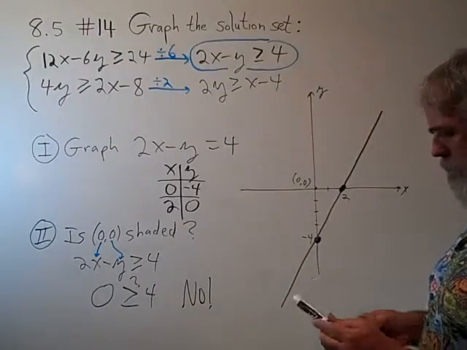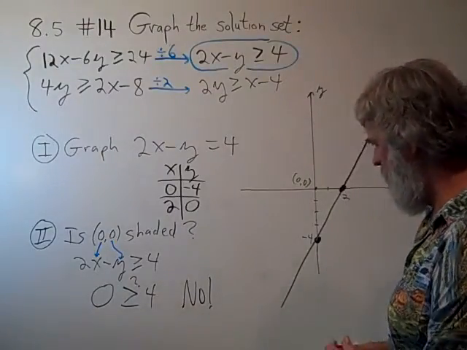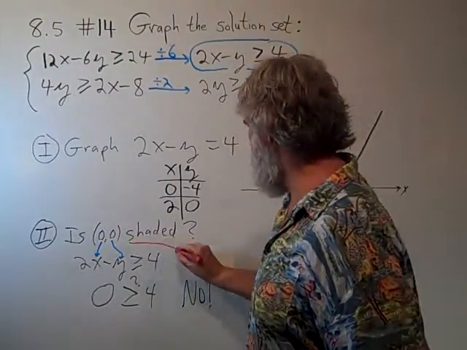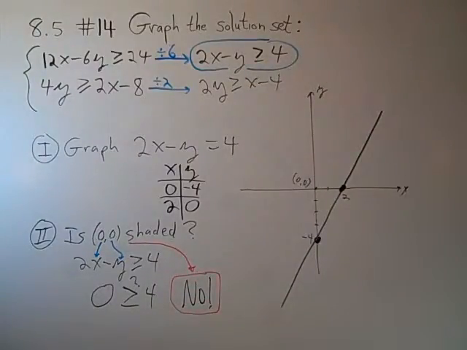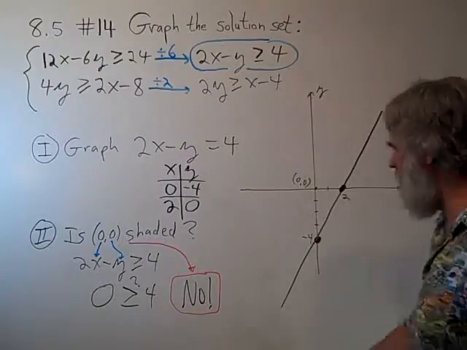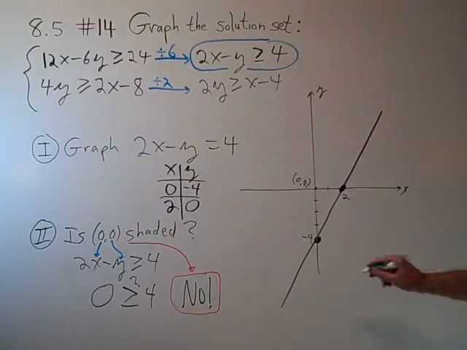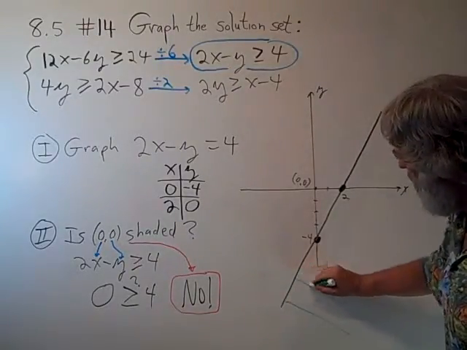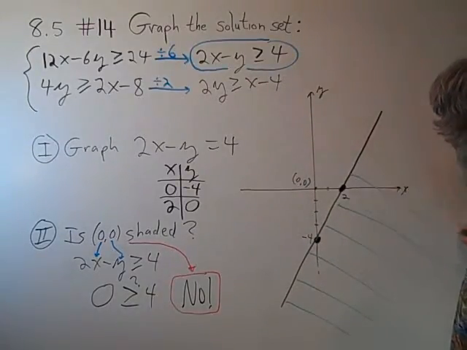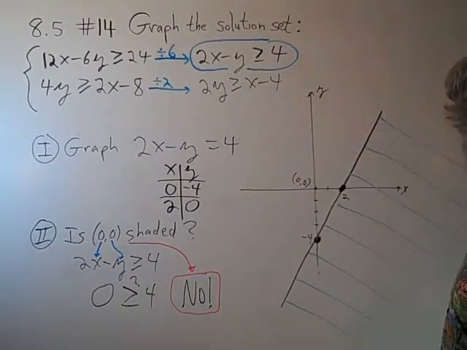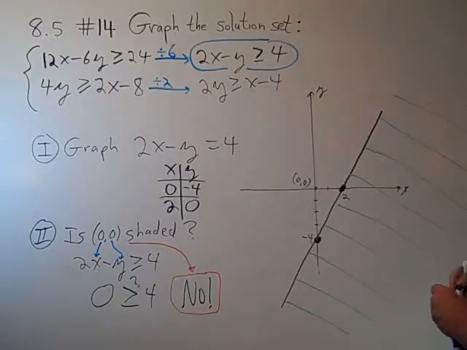So the answer to our question, is the origin shaded? It is a resounding no. Okay, so it's the side opposite the origin that's shaded for this first line. So it's everything down here. So we've finished graphing the first of our two linear inequalities.